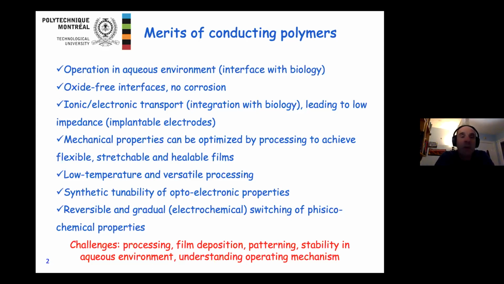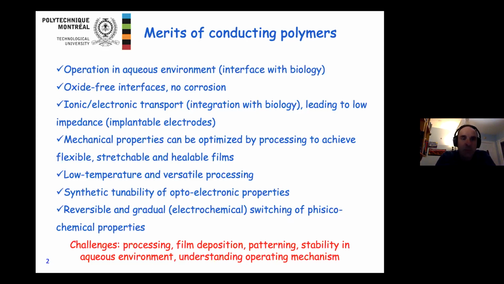Even if we work in a liquid environment, we don't have corrosion. Then, since we are working in iontronics or bioelectronics, we have in these materials both ionic and electronic transport, which is also an advantage when we work with biological systems, and as I will try to show later, is also a method to decrease the impedance between a device and a tissue interface.